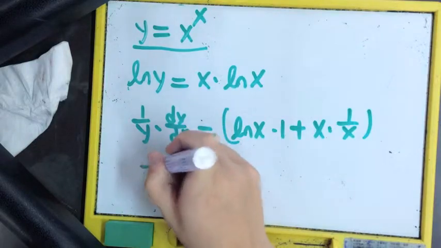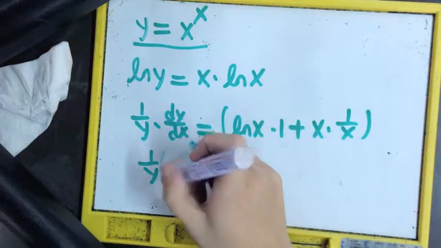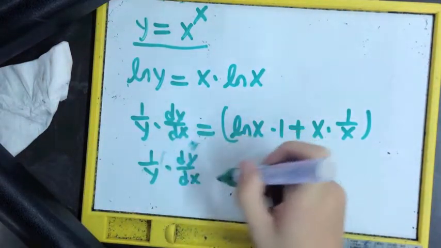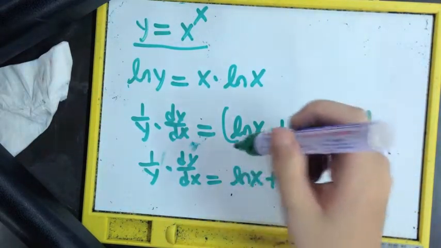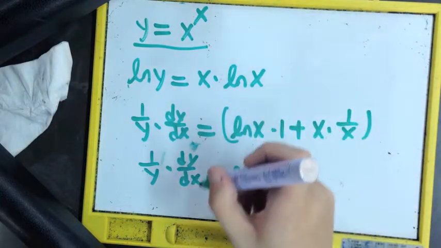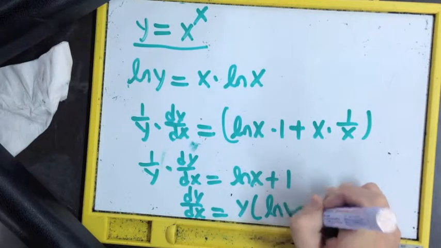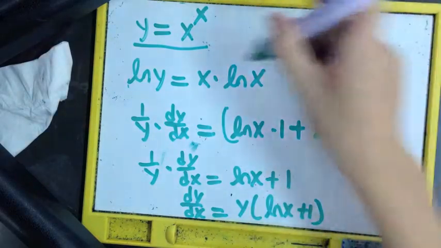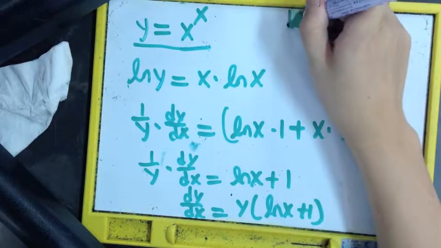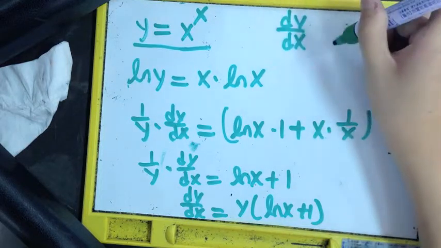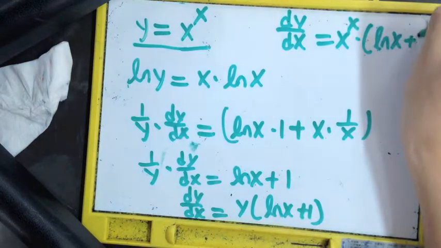And then if we rearrange it, it becomes 1 over y times dy over dx equals ln x plus 1. Now we move dy over dx to one side, so dy over dx equals y times ln x plus 1. And since y equals x to the x, we plug it into the equation, so the derivative is dy over dx equals x to the x times ln x plus 1.